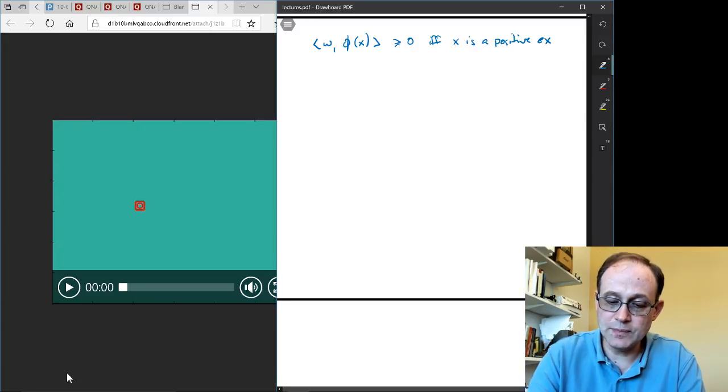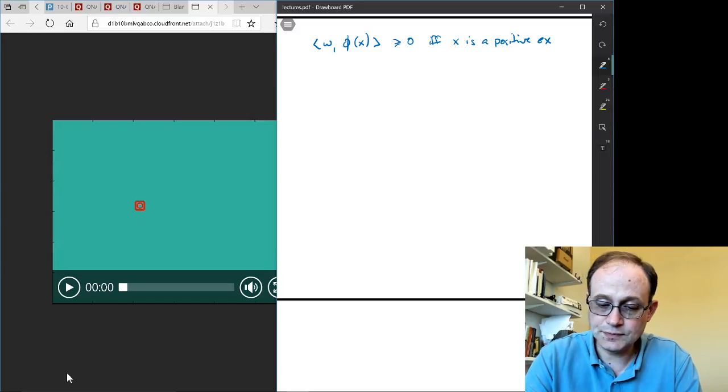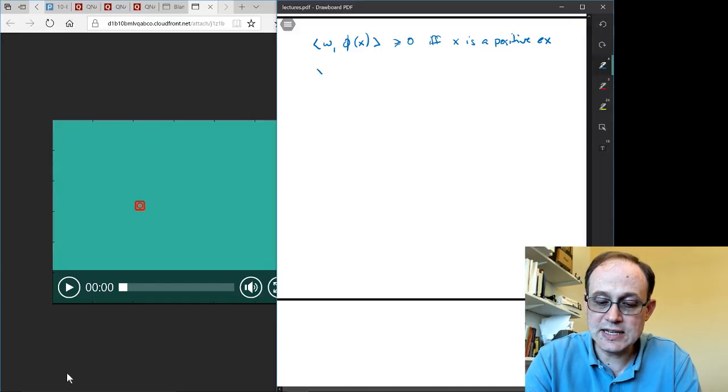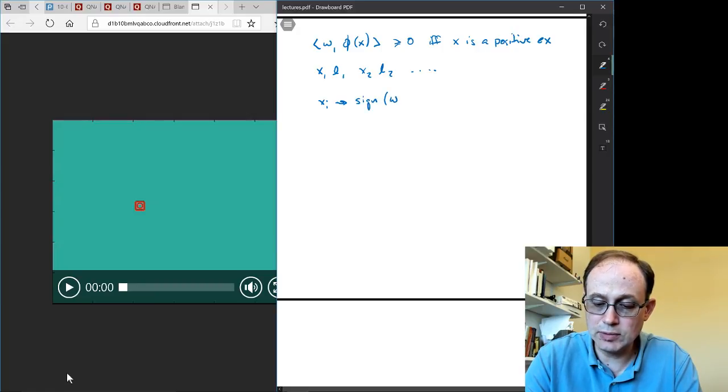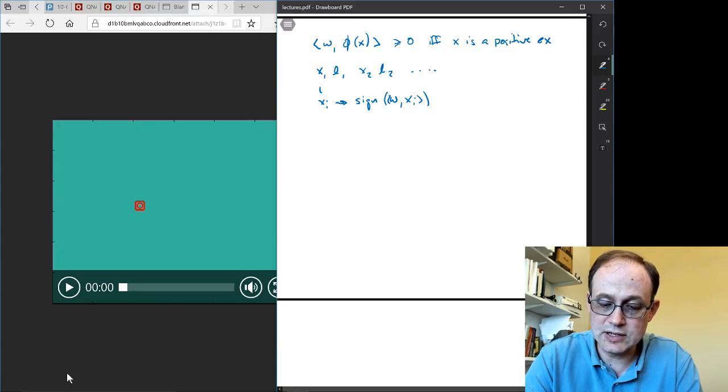And the Perceptron algorithm repeatedly sees x1 and the label of x1, which I'll call L1, x2, L2, and so forth. On xi, it predicts the sign of w inner product with phi of xi. It initializes w to 0.